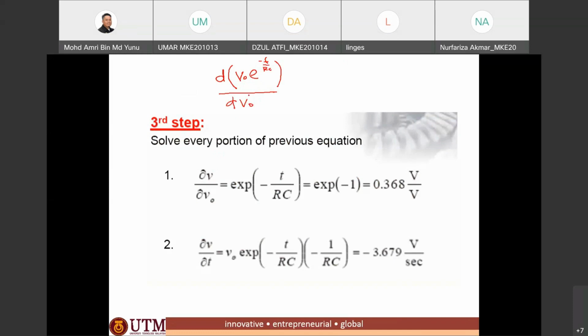So we differentiate V out here, so that's why we get exponent negative t over RC.